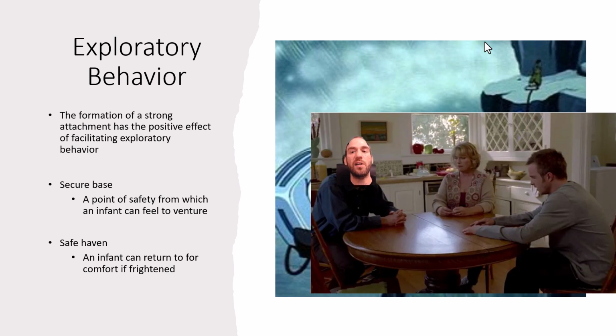And then, if I get a little overwhelmed, I can come back to my caregivers, who I'm attached to, and they can provide me with a source of emotional comfort. That will allow me to regulate my emotions, develop emotional intelligence, and then I can go back into the world and explore again.